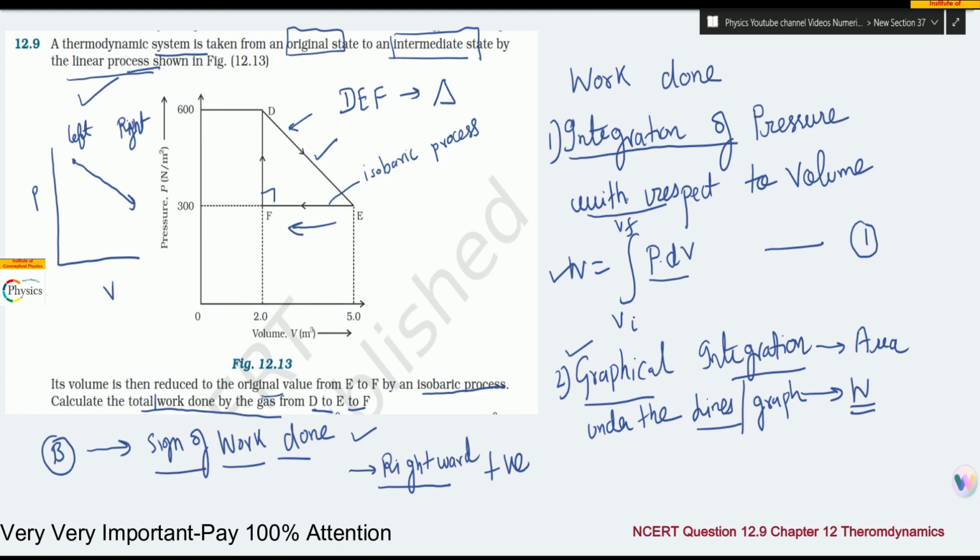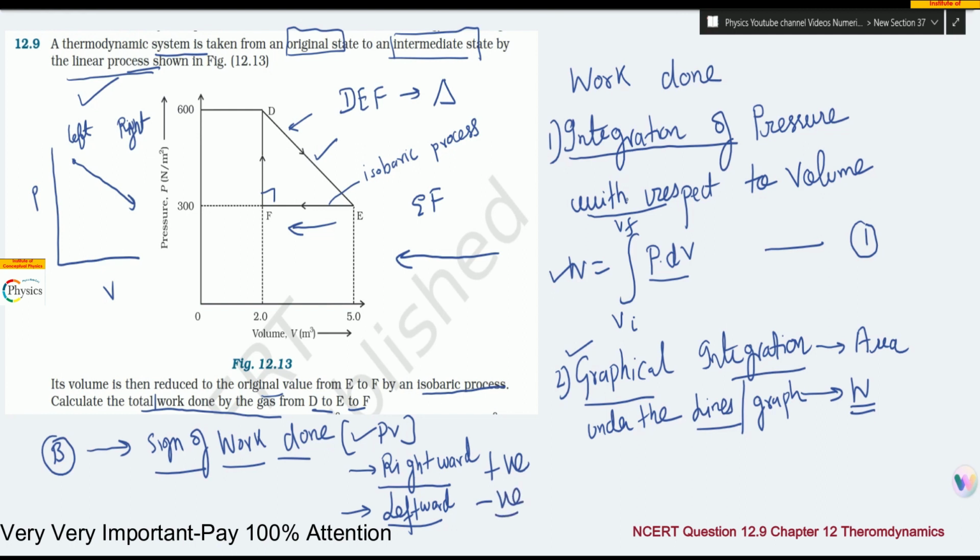Now look at this line, EF. EF is moving leftward. If the line is moving leftward on a PV diagram, and I'm repeating this because it is very important, the work done is negative.